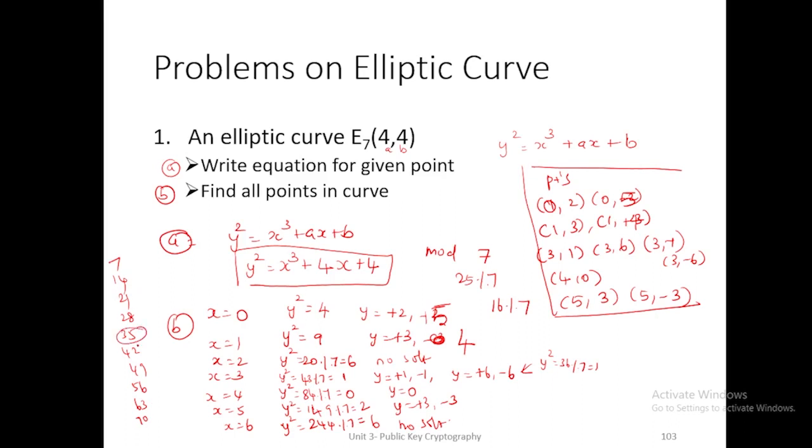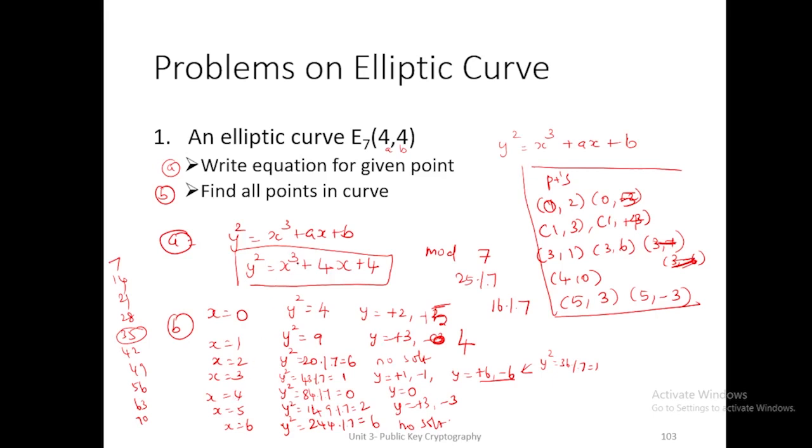If you take this one, 36, it is also possible. So for x equal to 3, the equivalent values are 43 mod 7, which gives the remainder 1, and 36 mod 7 will also give the remainder 1. So there may be the possibility of 6. So the values are 3, 1 and 3, 6. So 2 points are possible.